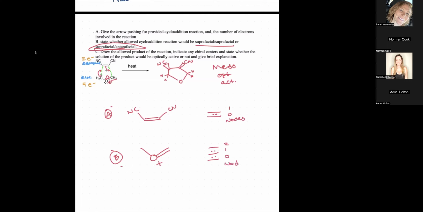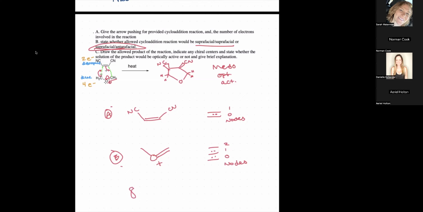So for simplicity's sake, figuring out what our pi systems are, remember suprafacial means that your bonding or anti-bonding are the same when they're coming together, or suprafacial antarafacial means that they're opposite. So they're located oppositely so that you're bonding from the top to the bottom rather than top to top, right?